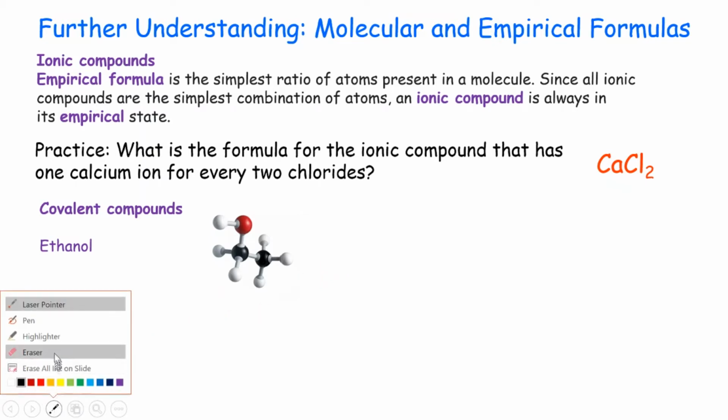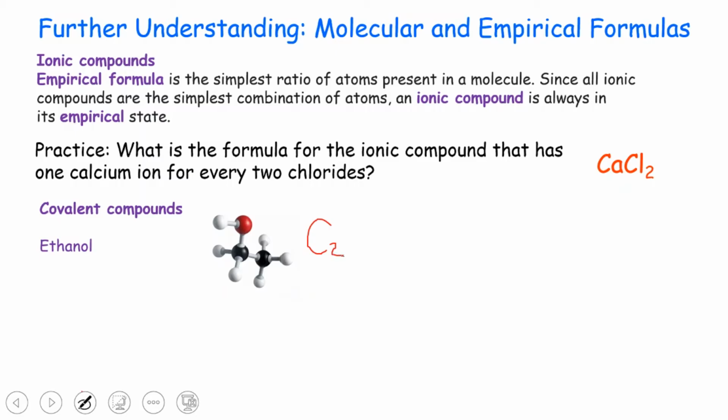That should be 2 carbon, 6 hydrogen, and 1 oxygen. So that's a molecular formula. And as you can see, that's actually also the empirical formula, because that's already in the smallest whole number ratio.